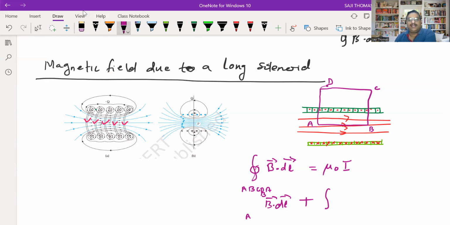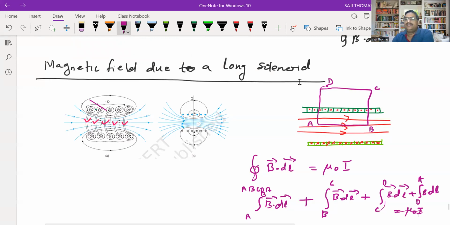So integral A to B, B dot dl, plus integral B to C, B dot dl, plus integral C to D, B dot dl, plus integral D to A, B dot dl is equal to mu 0 times I.